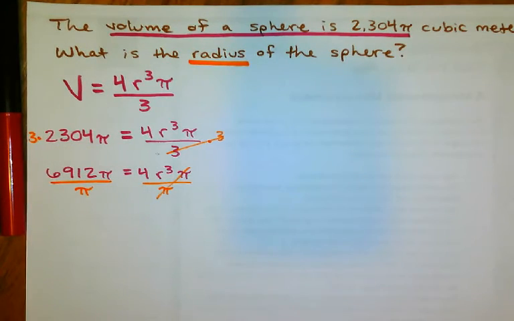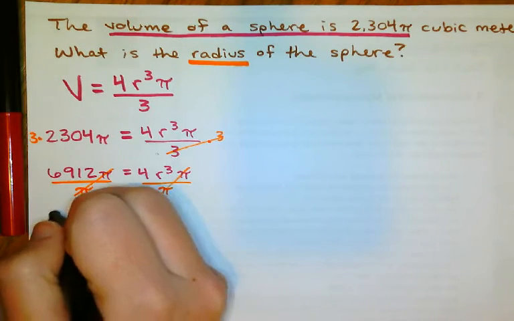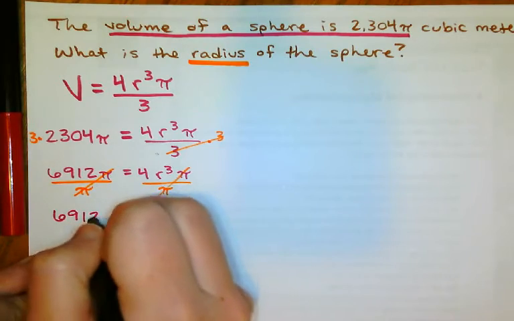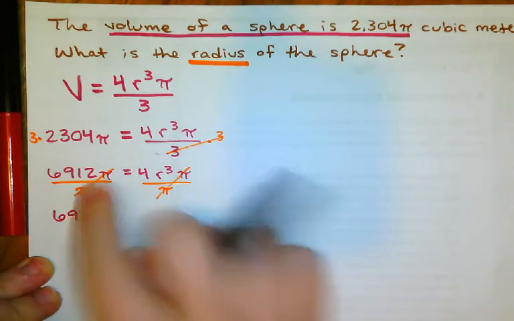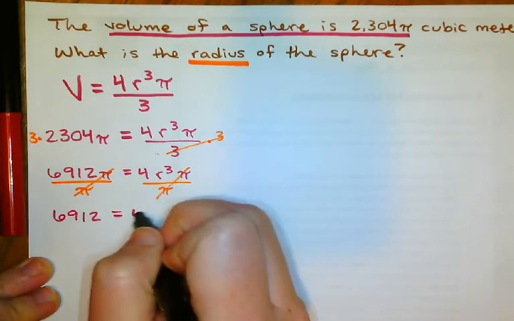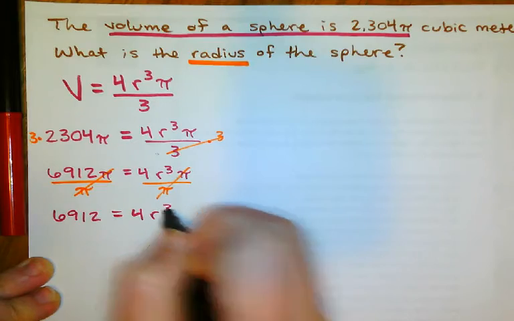Do you guys see anything that can cancel? Yeah. So that makes our life a lot easier by being able to cancel out those pi's. All right? So now what we have is 6,912, no pi, just that, equals 4r cubed.